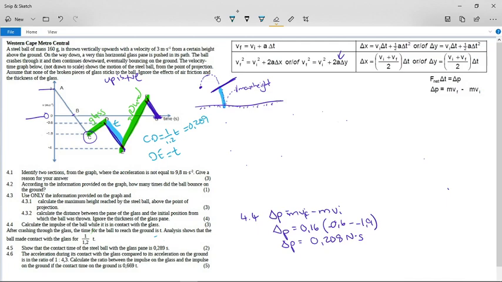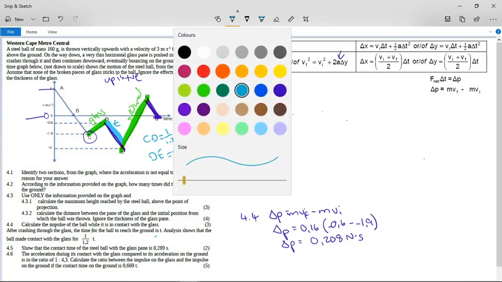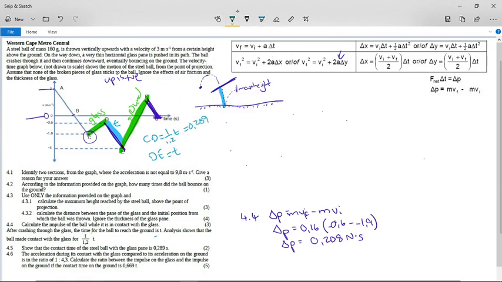Okay, so it says to show that the contact time of the steel ball with the glass pane is 0.289 seconds. So we can actually say, when is the ball contacting the glass pane, and when is it going to the ground? So we can actually use the equations of motion to solve this.